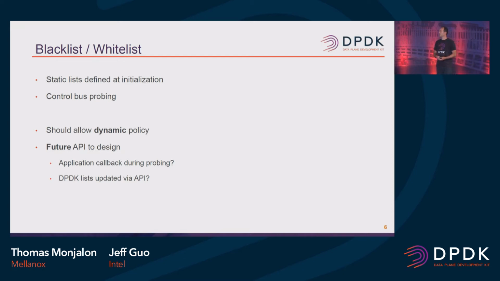So we will need to think about a new API. It's not done yet. I see two options to implement it. Either we ask the application with a callback what should be scanned, what should be probed, or the application can try to update some list inside DPDK. It's the opposite way.